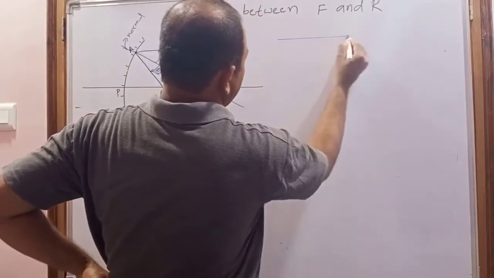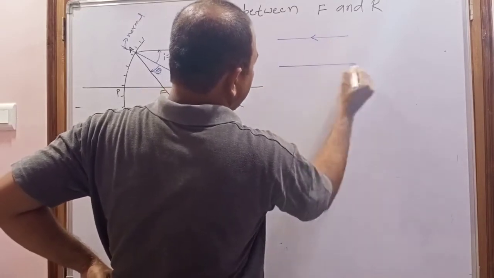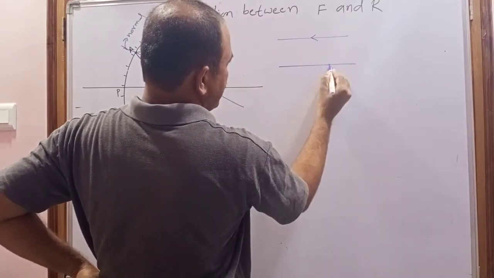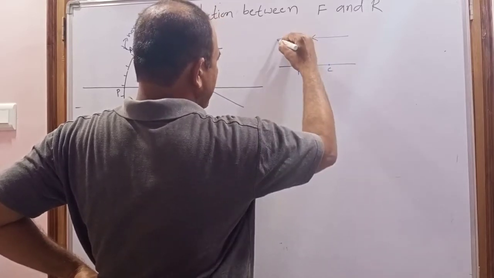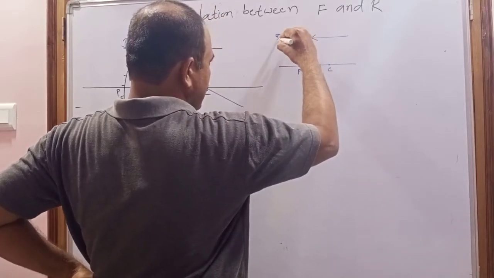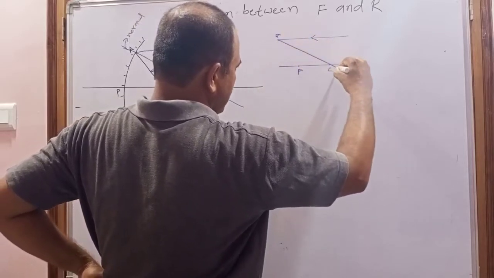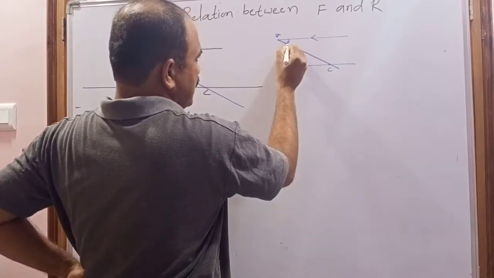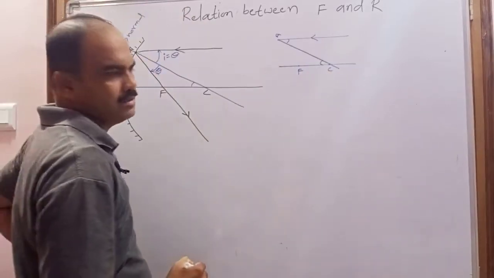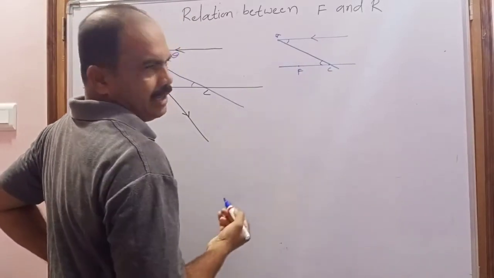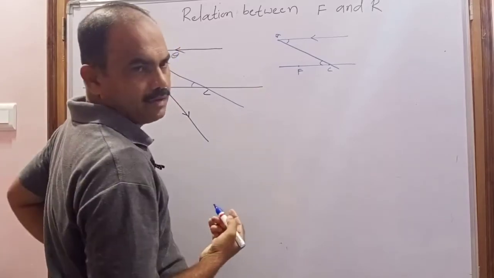Now this is the incident ray and this is the principal axis. On the principal axis this is C and this is F. This is the point of incidence A, and this is the normal. These two angles are called interior alternate angles, and in every case the interior alternate angles are equal.